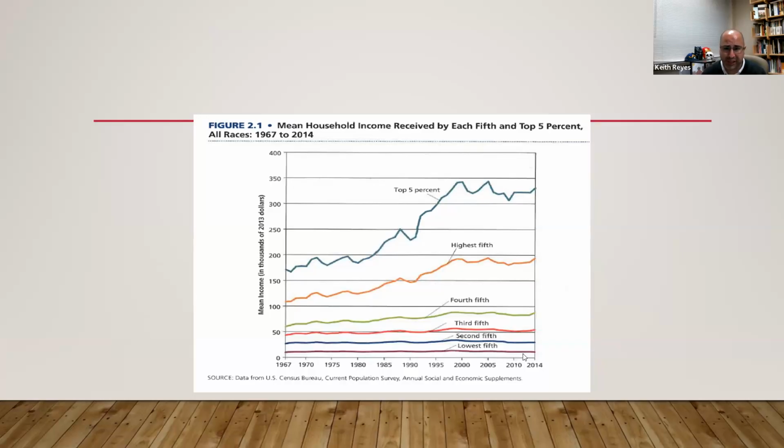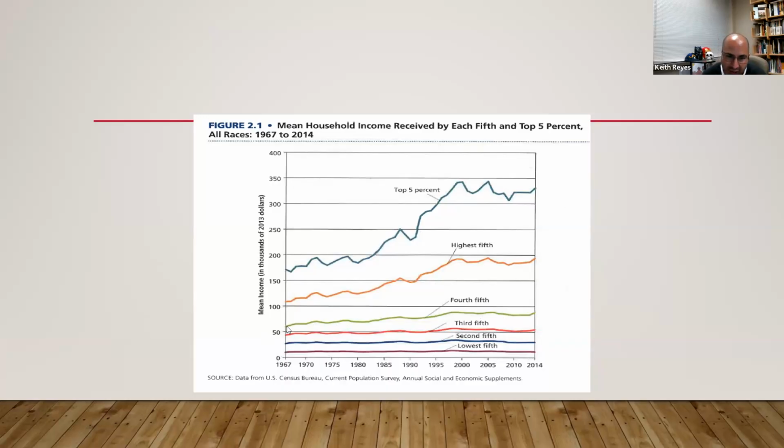Over these 50 years, the poorest in our society did not see any increase in their wages or in their income. Okay. Neither did the lowest 40% or the lowest 60% or even the lowest 80%. This green line probably represents the middle class.